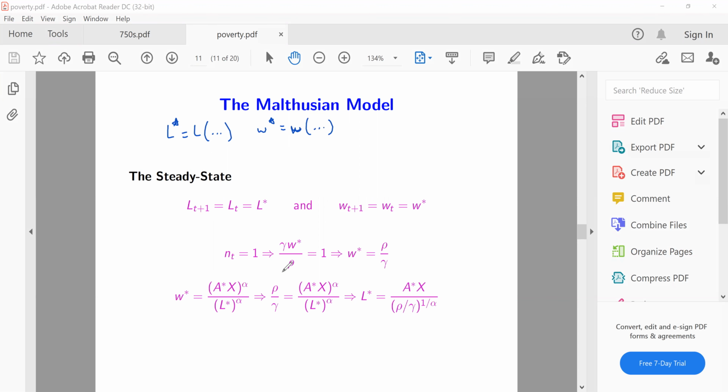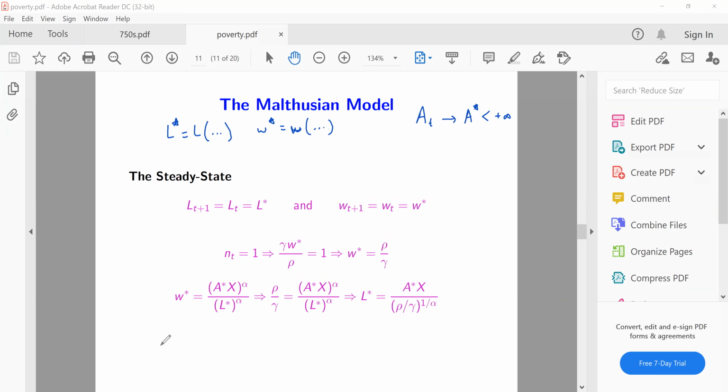Again, we are assuming that technology is also an exogenous variable in this model. It converges to some finite level. Now, this tells you itself something very important about the dynamics of pre-industrial economies, right?